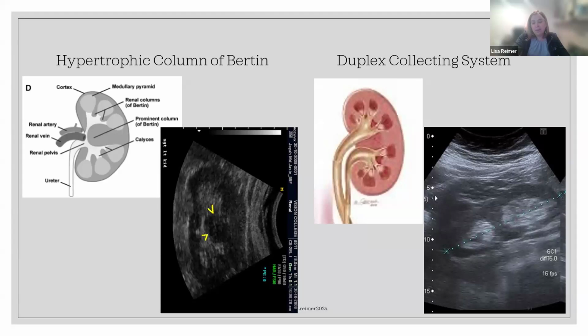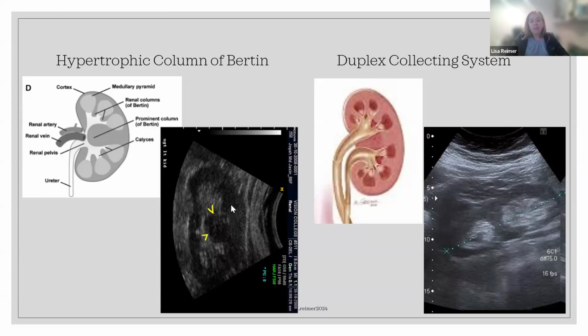If we go back to that renal cell carcinoma picture I just showed you, it has a similar sonographic texture, but this is a normal variant. The differential for a column of Bertin is the duplex collecting system. If you go over to the image on the right, you see we also have some cortical extension on this kidney.